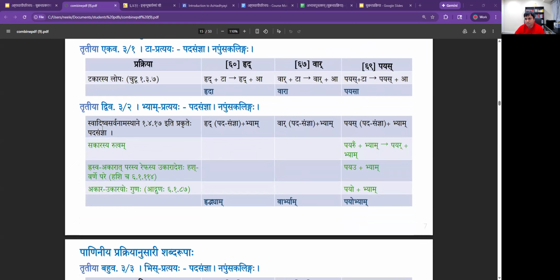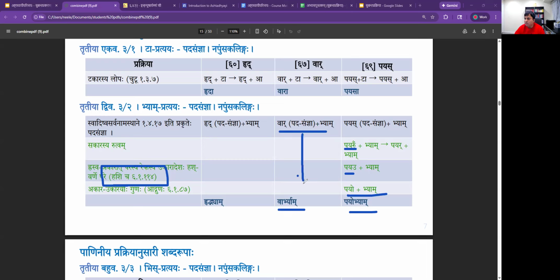Tritiya ekavachanam is simple: hrida, vara, payasa. Dvivachanam, once again payas is the black sheep, so sakarasya rutvam, payar bhyam, hrusya parat refasya ukaradesha hashicha. So payobhyam, and this hashicha will keep applying further down. So hrudabhyam, varabhyam, payobhyam.